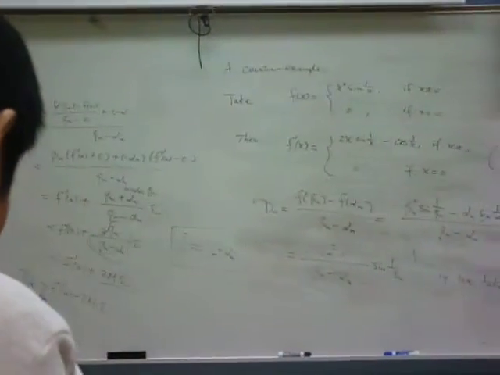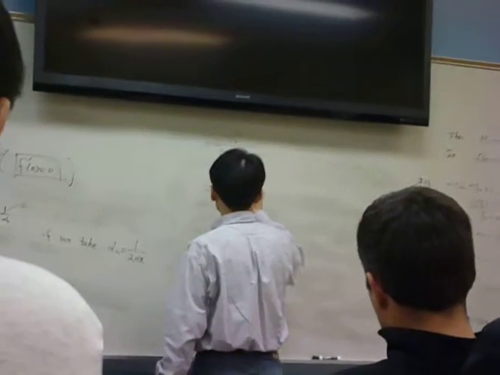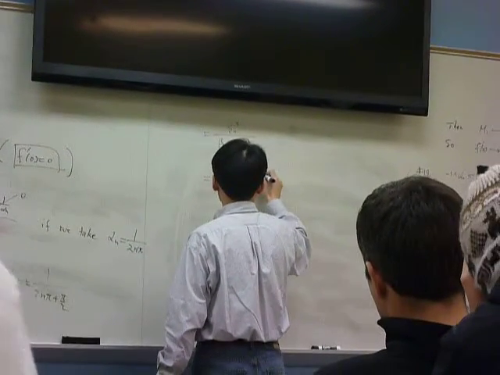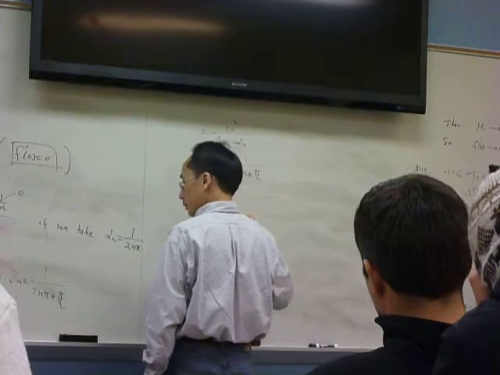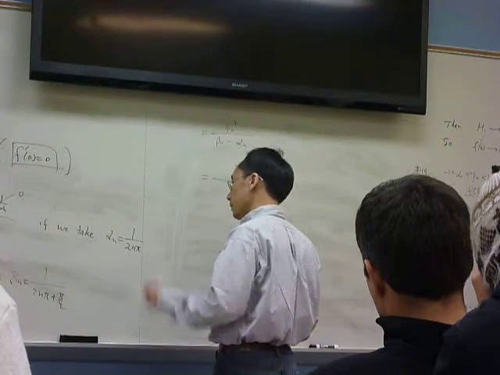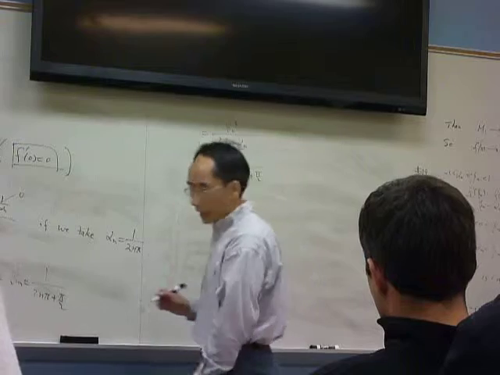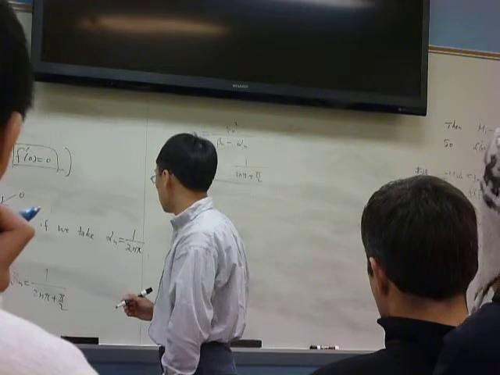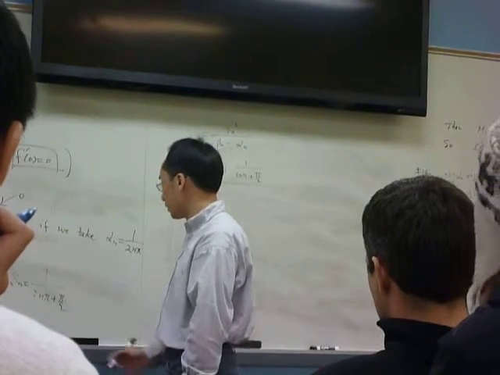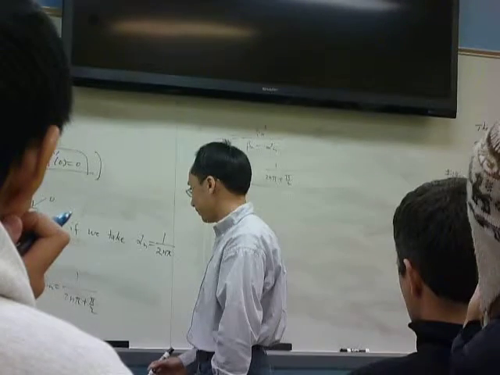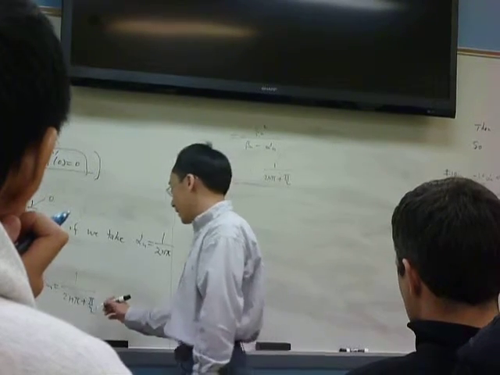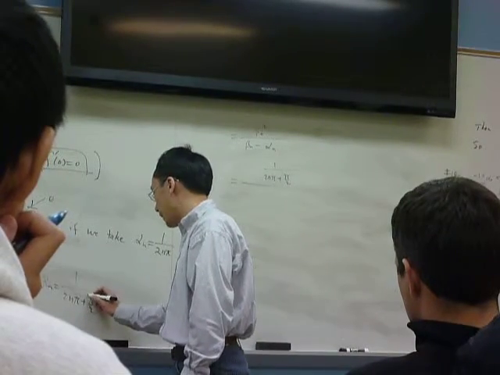Now let me plug in the formulas for alpha n and beta n. I need to decide which is larger and which is smaller, because beta is larger here. So let me change it.